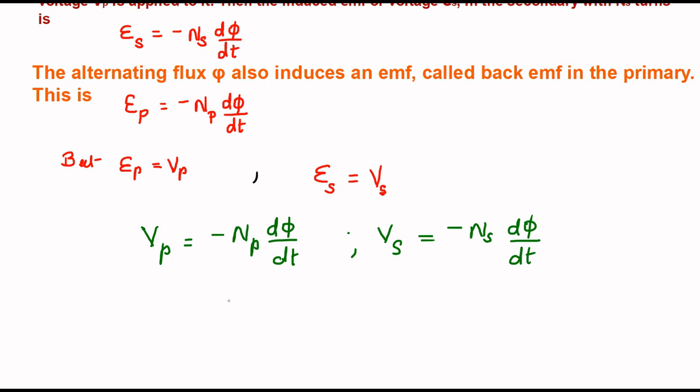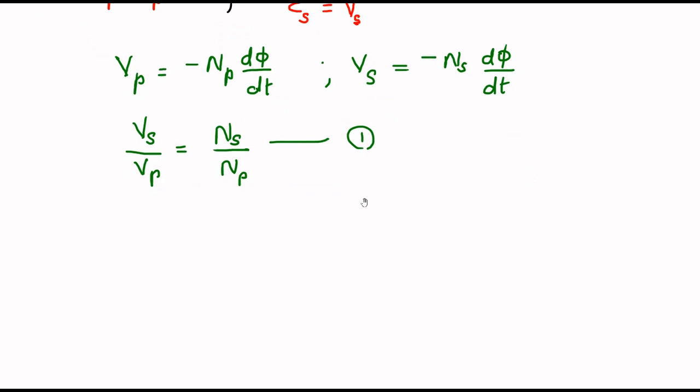So what is Vs by Vp? Vs by Vp is equal to Ns by Np. Let this be equation number 1. For an ideal transformer, what is an ideal transformer?